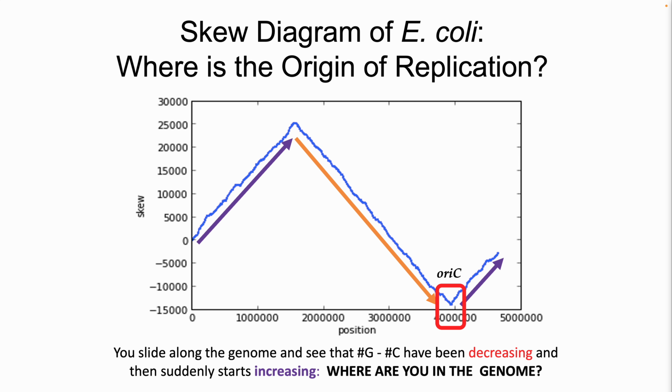So our coffee with our microbiologist friend gave us some hope, because now this is computational again. All I have to do is find the part of the genome that minimizes this GC skew. Where is that G minus C the lowest? Okay, and now that's a candidate for ORIC.